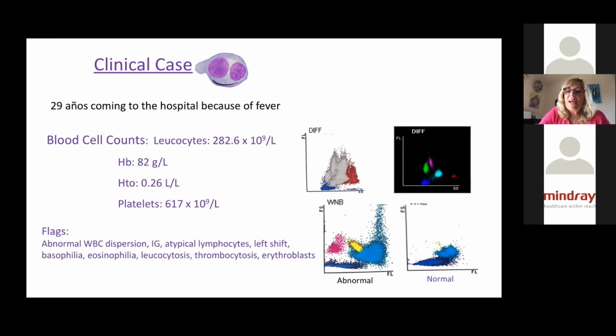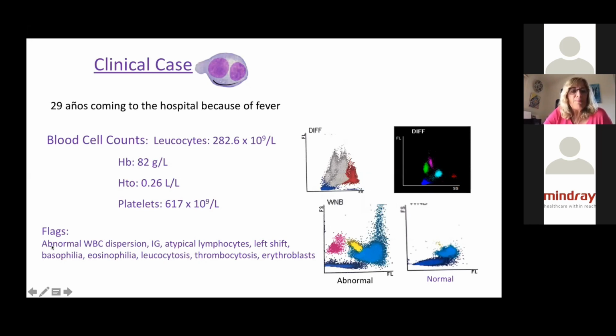The graph is completely abnormal. The dispersion has nothing to do with reality. And in the bottom, we can see this yellow population that corresponds to the basophils.